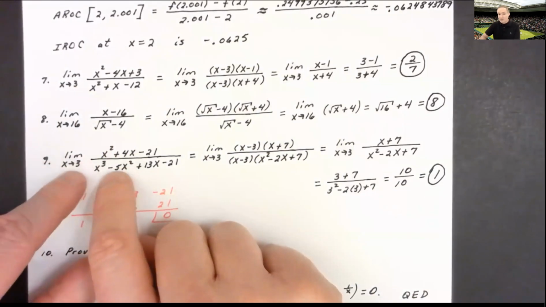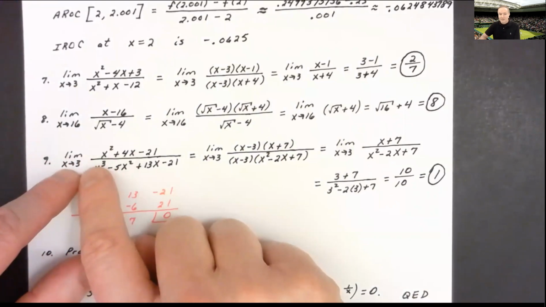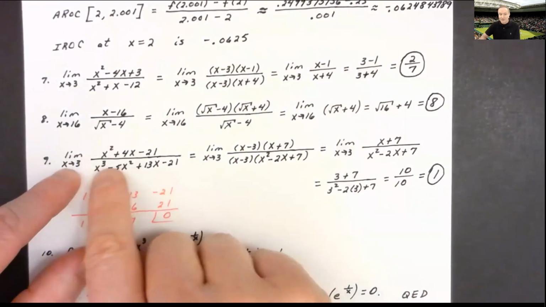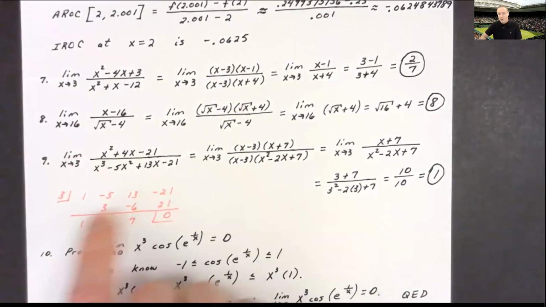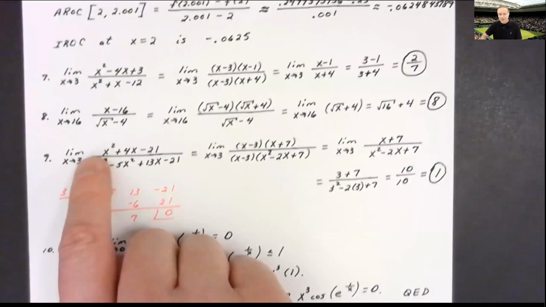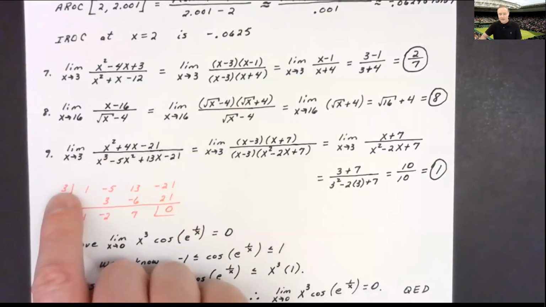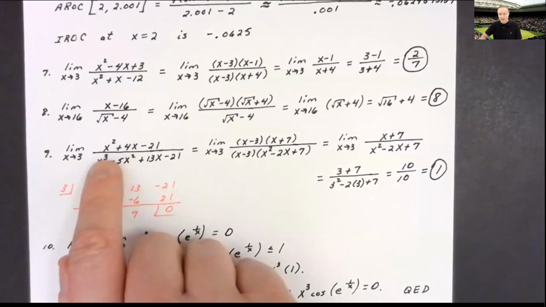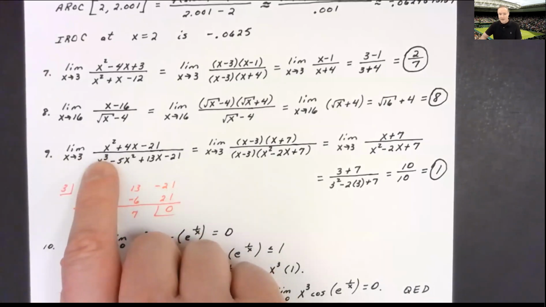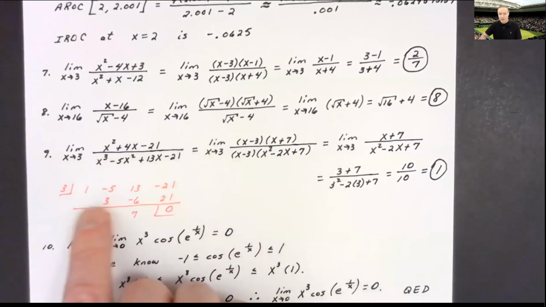Now, in order to show it in the denominator, you could either use long division and say I'm going to divide x minus 3 into that, or what I've done here is synthetic division. If you have a solution or a limit at x equals 3, then let's synthetically divide with 3, and then you're going to synthetically divide that into coefficients 1, negative 5, 13, and negative 21.